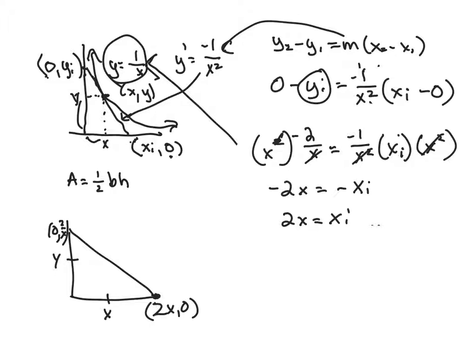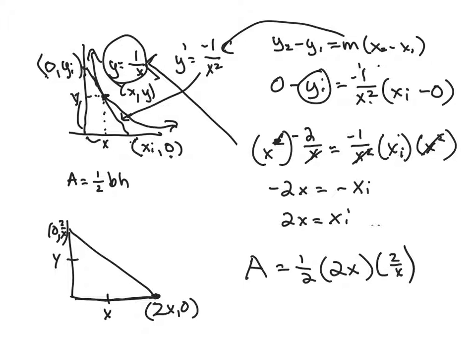Now I have a base and a height, and when I calculate this, I get area equals 1/2 times the base, 2x, times the height, which is 2 over x. And you can see here that the reason this is always 2, I'm not sure if this was your question or if it was because I have to do things out.